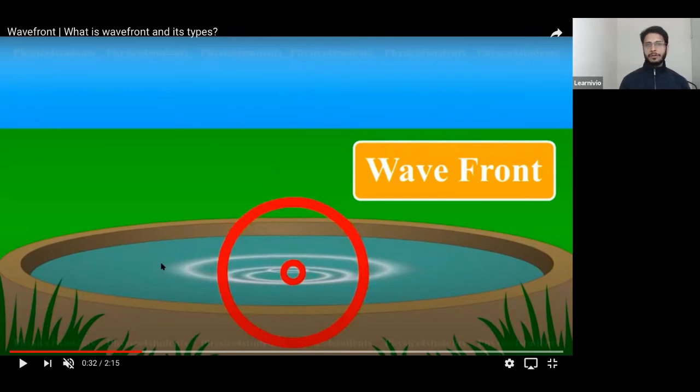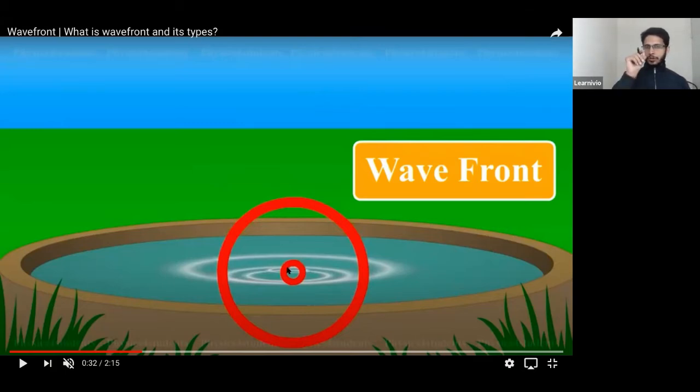these water waves will travel. Just like water waves, light waves can travel in the form of waves. For light waves, instead of a stone, you have a source of light that could be a bulb. Just like this stone generates these water waves or the wavefront in water, that bulb will generate wavefronts of light.